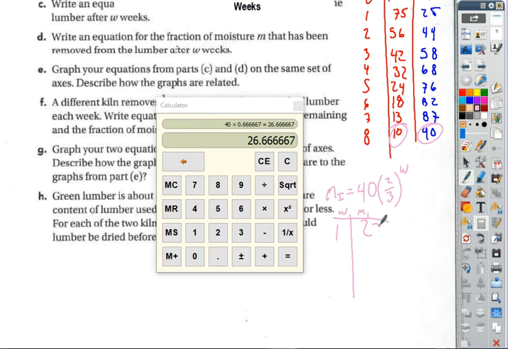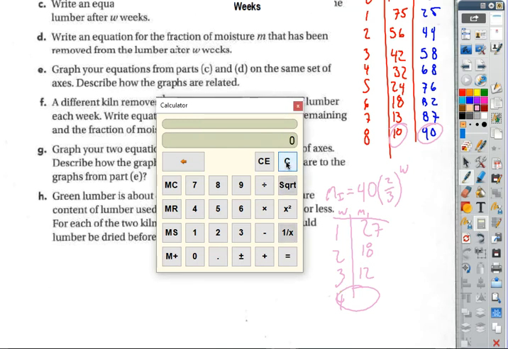We have 27. After 2 weeks, we're at 18. After 3 weeks, we're at 12. So clearly it's going to be after 4 weeks they can use it.